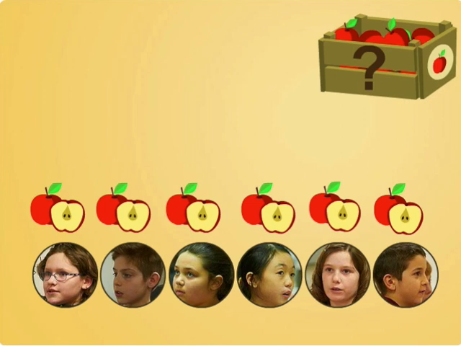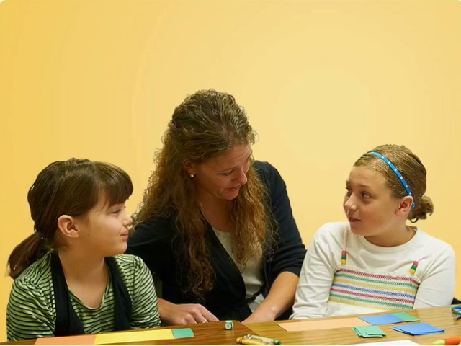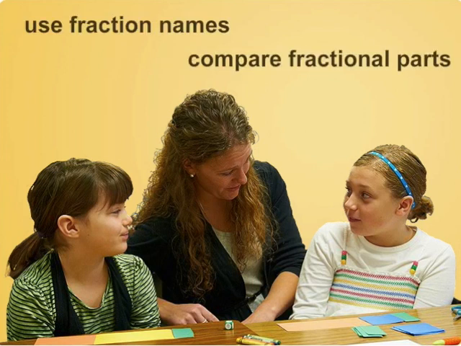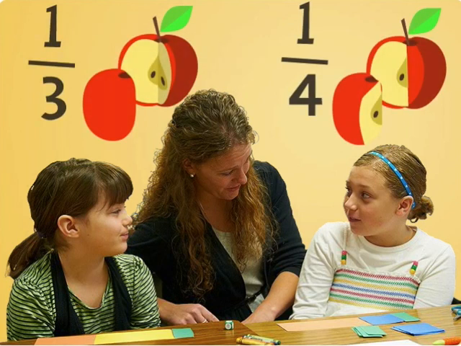These exercises encourage students to explore the concept of equal partitioning by using different approaches. During such activities, teachers can use fraction names and help children compare fractional parts. Is 1/3 of an apple larger or smaller than 1/4 of the same apple?